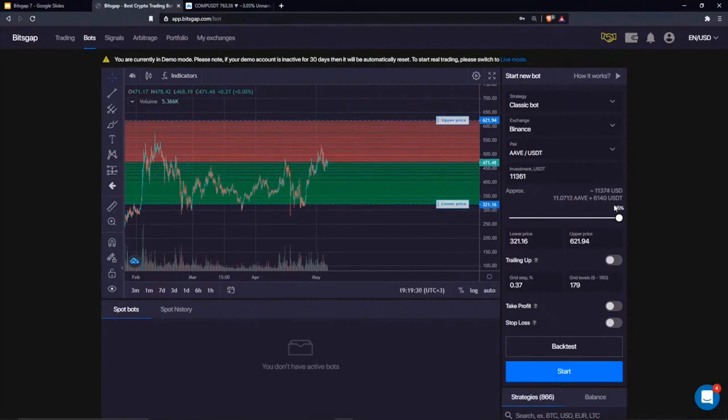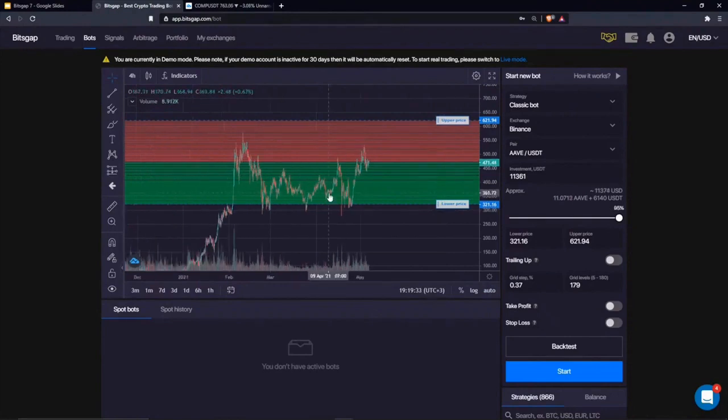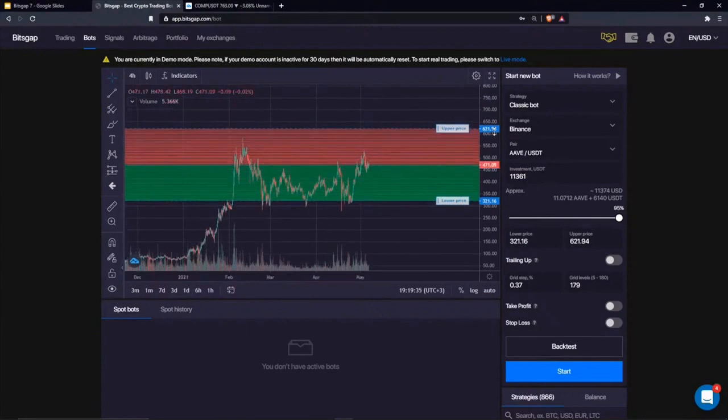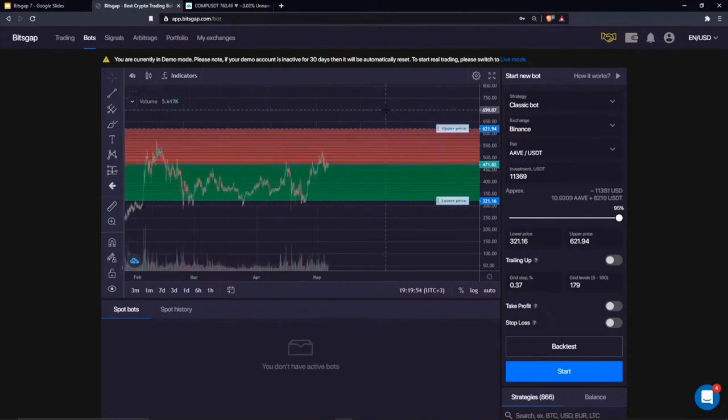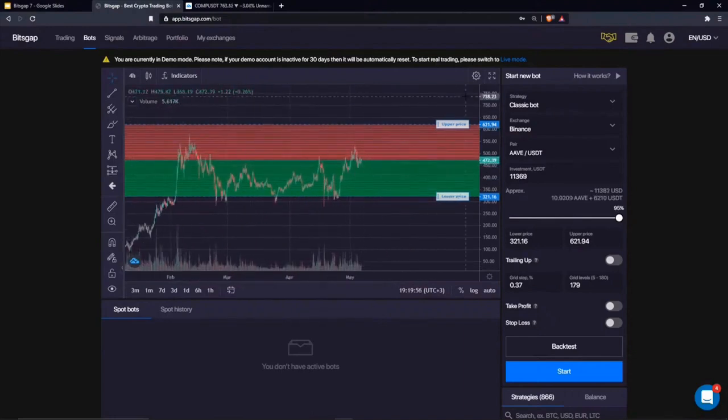So as soon as you gain enough experience, you can then start trading your real money. So the demo mode is a cool feature for you to experiment and to develop your strategy and basically trading tips and tricks before risking your real money. So that's something that we have at Bitsgap to offer you guys.